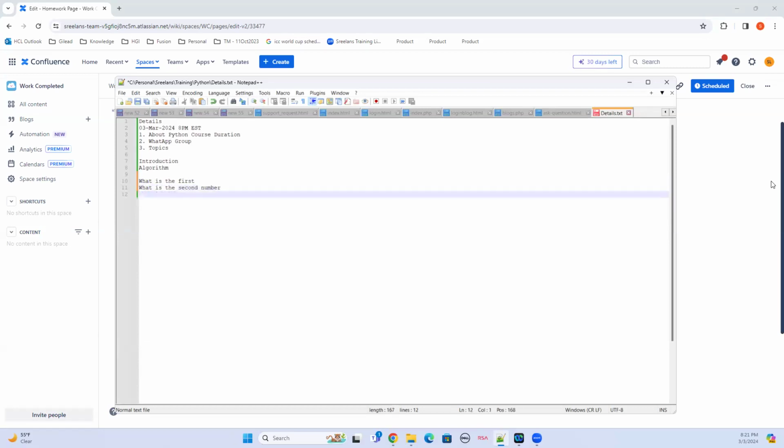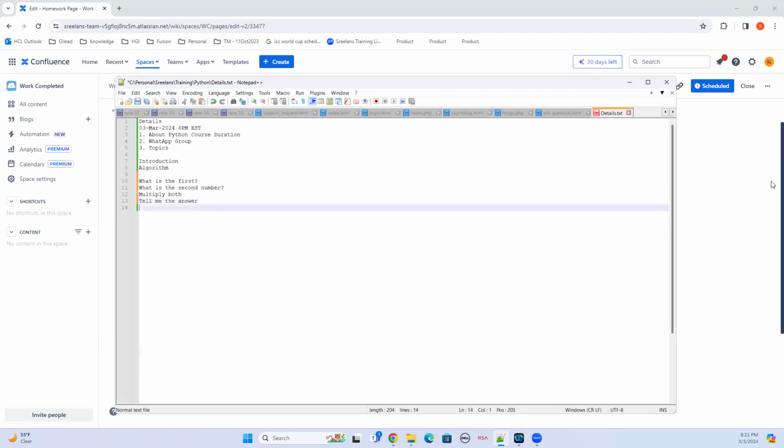Then we tell the computer to take the first number, take the second number, multiply both, and tell me the answer. This is what we are going to write.